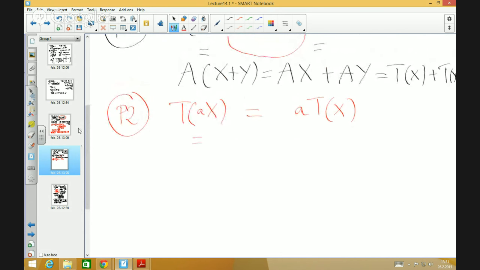So what is this? Well, that's the matrix A multiplied by the vector A times x. And now one of the basic properties of matrix multiplication tells us that is A times A x. But what is this? It's exactly what we wanted here, because this thing here is T of x.